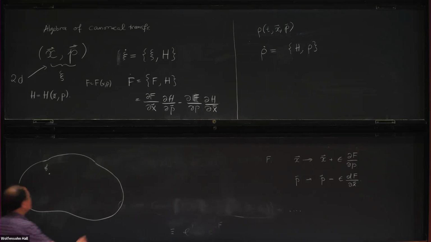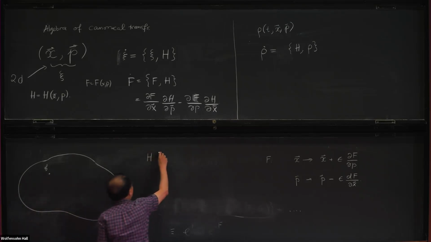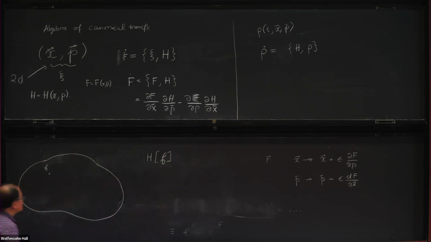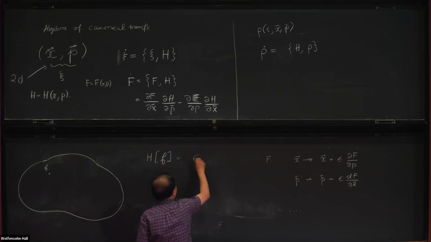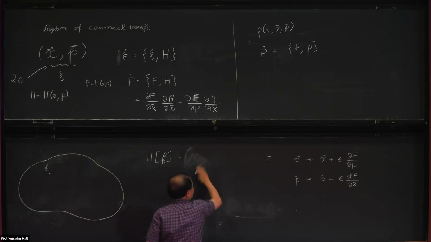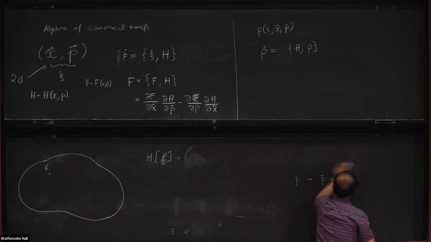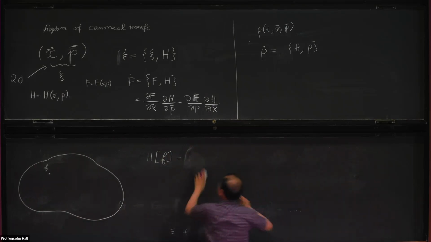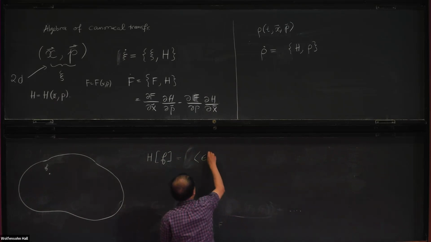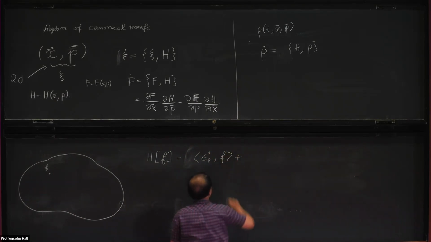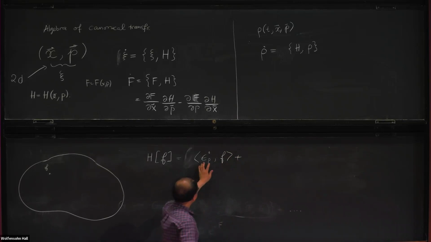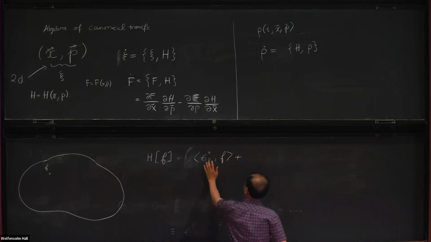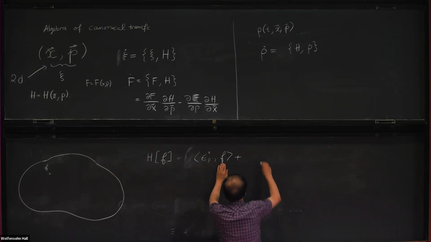Landau tells us at least that we have a Hamiltonian as a function of f, and it can be written in an expansion like this. The first term can be thought of as the expectation value of the single particle energy in the space with distribution function f.